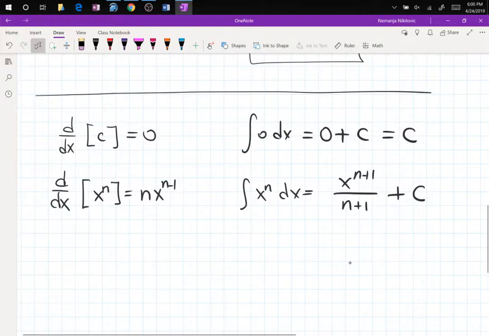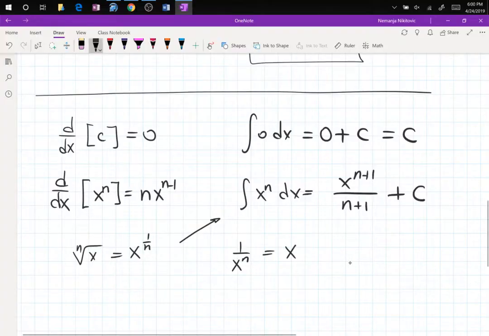Before we actually go into any of those, let me just remind you real quick that your nth root of x is also x to the 1 over n power, so it belongs there. And your fractional, x to the negative n, also belongs there.